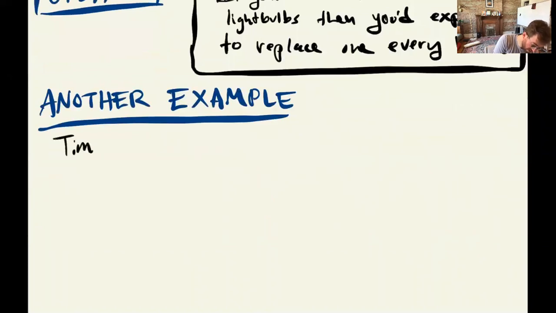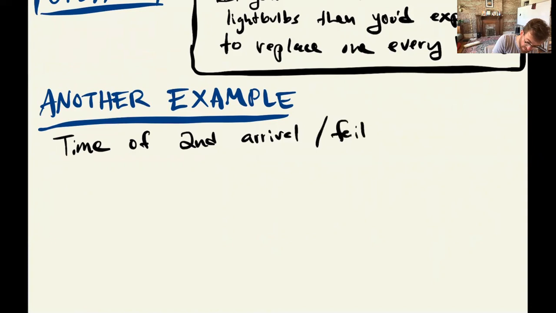Remember when we wanted to determine the time of second arrival, or you could think of this as maybe failure in a Poisson point process.